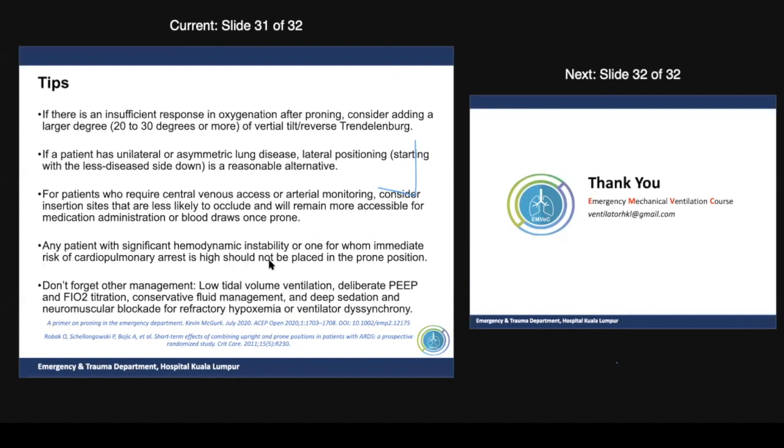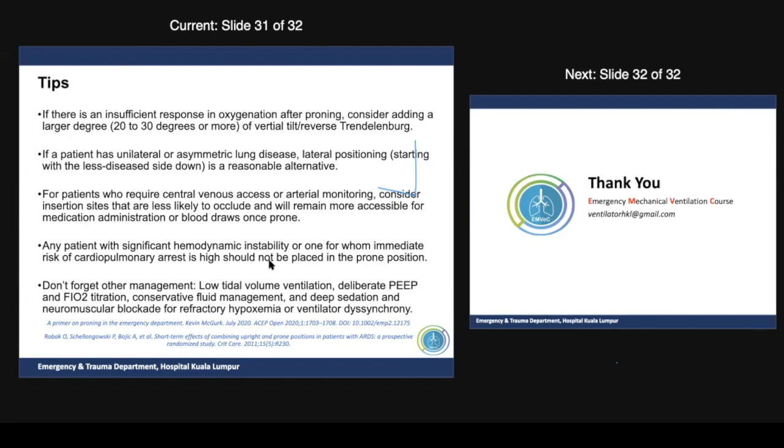Other than that, proning is only auxiliary. It is only one of the methods to improve oxygenation. But the main important things are, number 1, our normal pharmacotherapy and the ventilator. Make sure low tidal volume ventilation, but the minute ventilation is achieved.